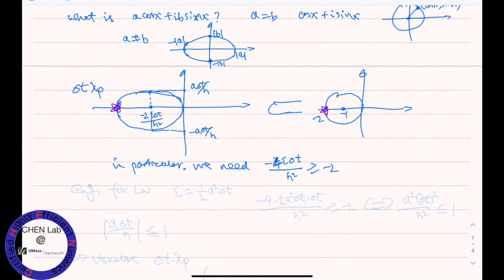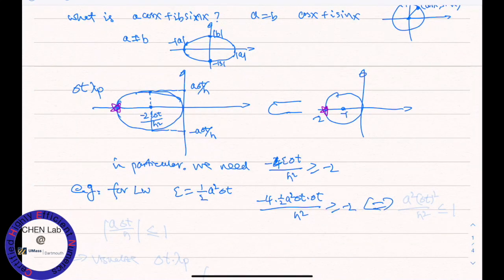Okay? For example, for the Lax-Wendroff, we know that epsilon is 1/2 a squared delta t. Okay? So we need negative 4 epsilon, which is 1/2 a squared delta t, times delta t over h squared, larger than or equal to negative 2.